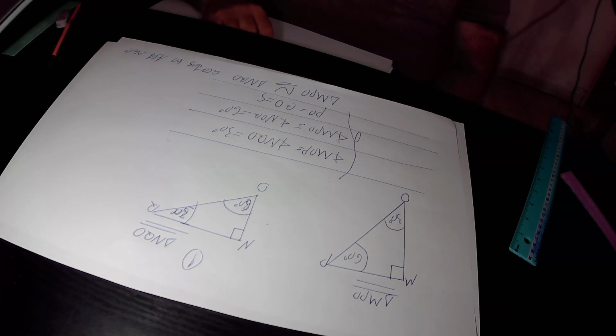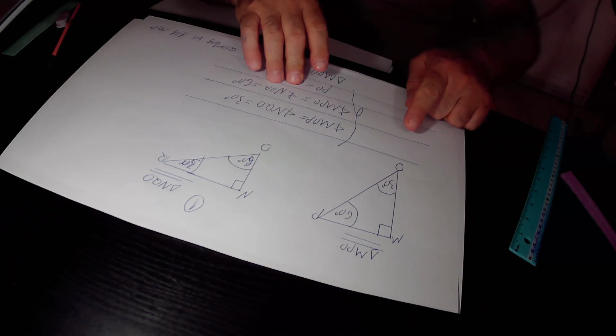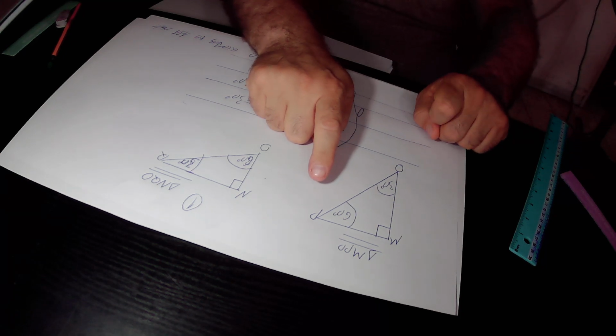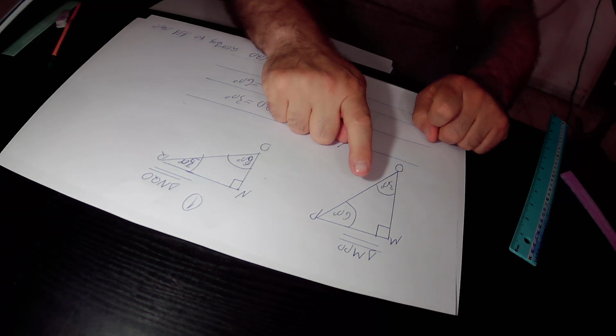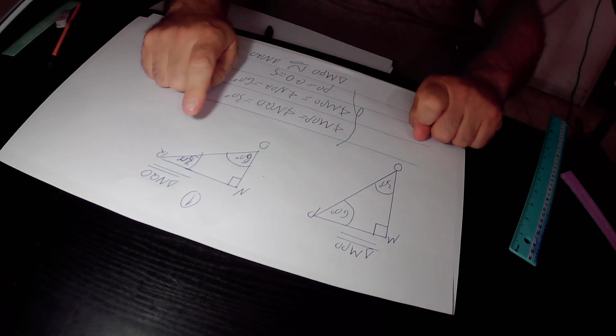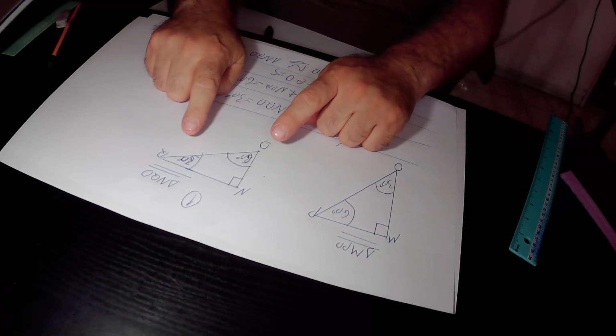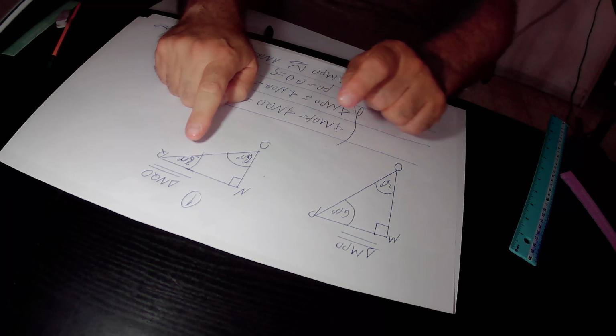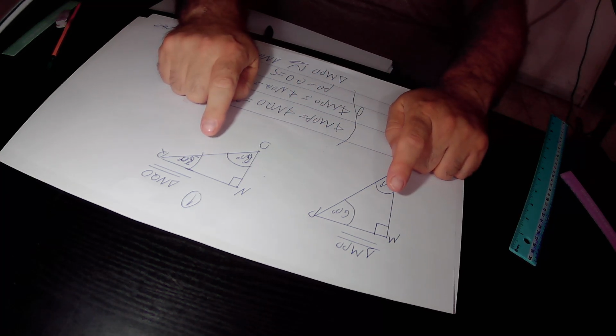So repeat again. Those two angles and the side included between them, that is side PO in this right triangle NPO, are correspondingly equal to those two angles and the side included between them, that is side QO in the right triangle NQO. And therefore those two right triangles can go into each other according to the angle side angle rule.